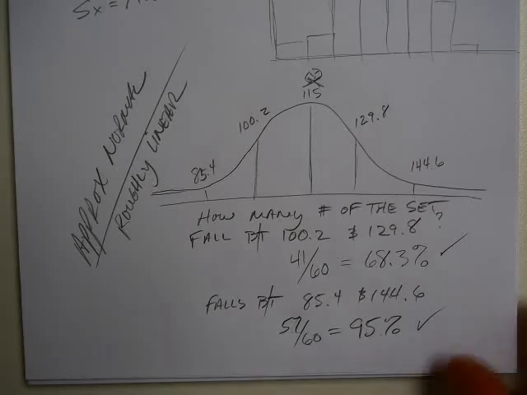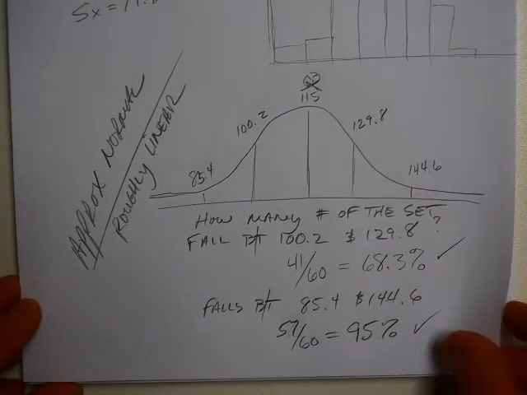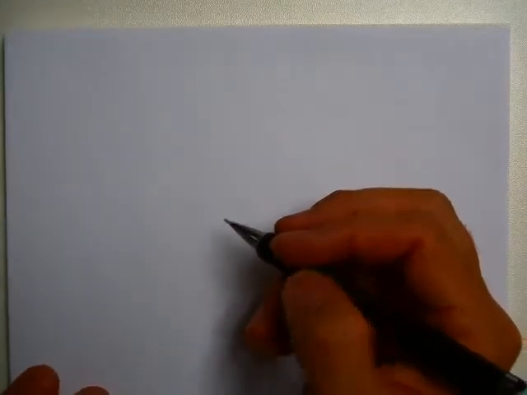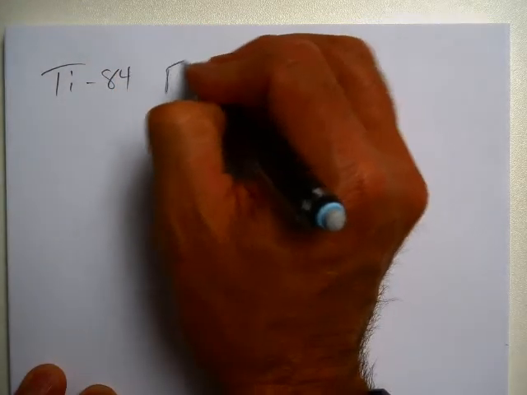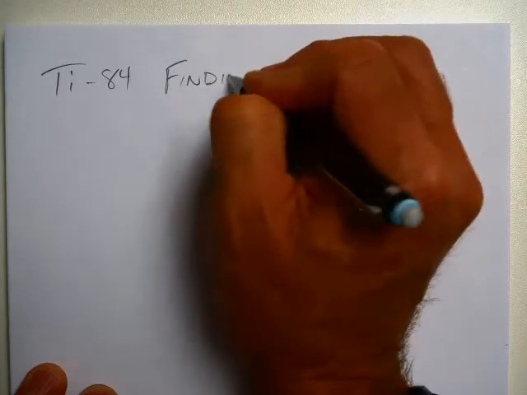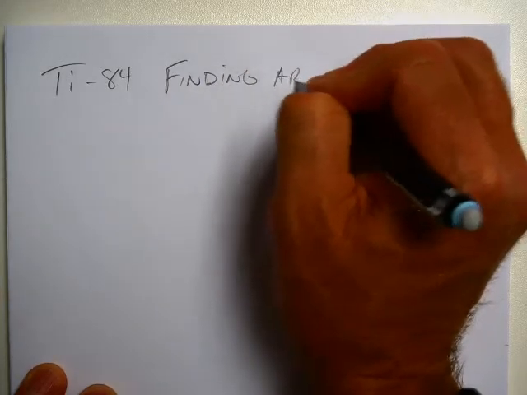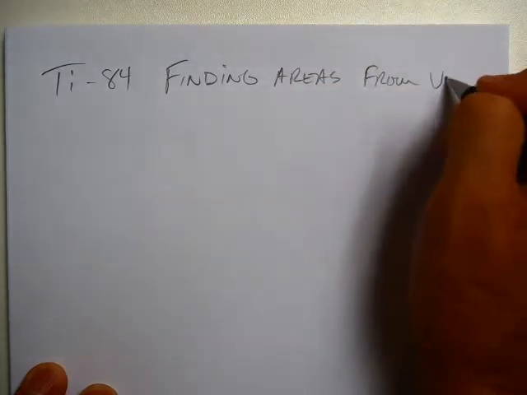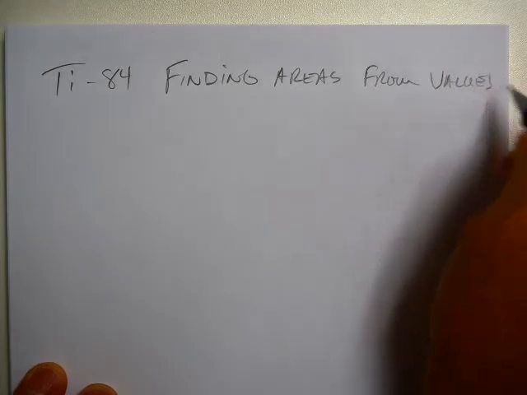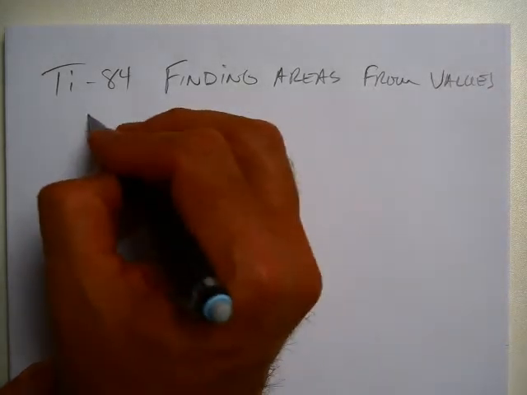All right, let's talk about the calculator itself. We did a problem where we looked at x is greater than negative 1.66, but this is going to be TI 84 or 83, finding areas from values in a normal distribution.